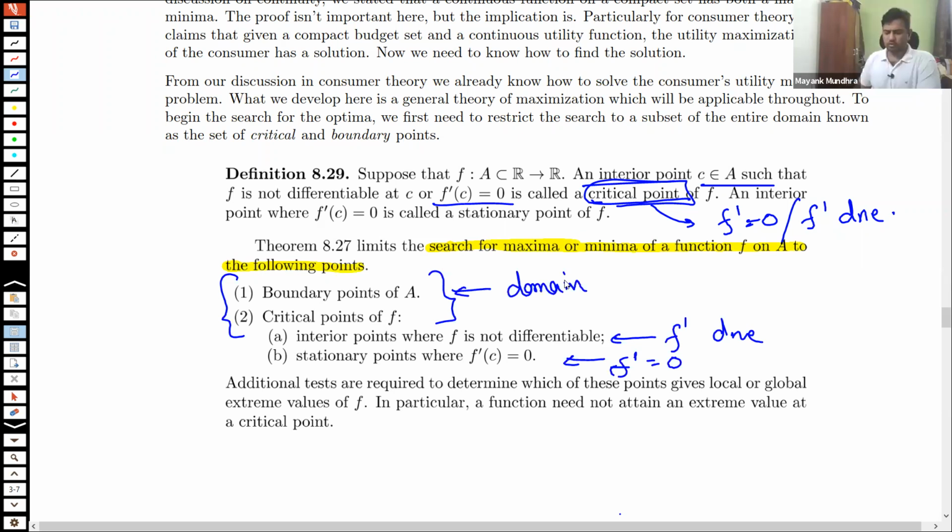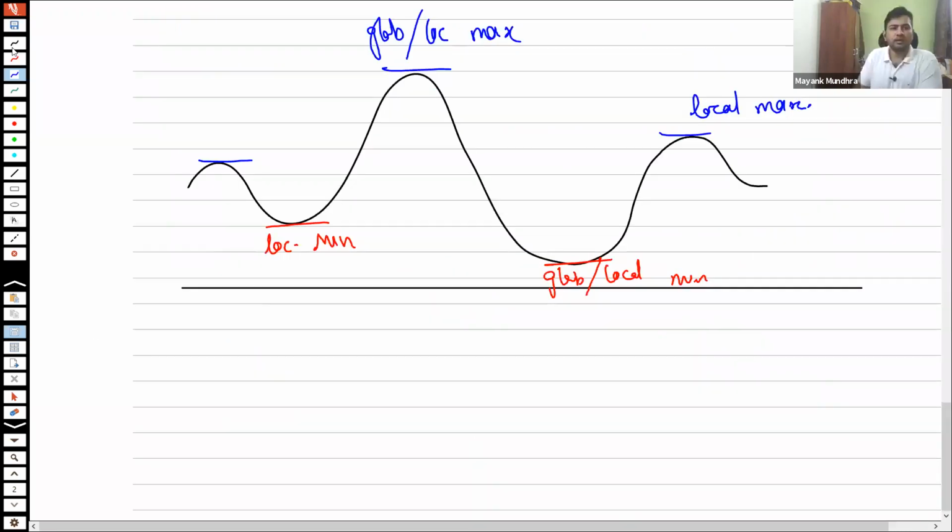So suppose you have a function. For example, you have a function f defined from -2 to 2 such that f of x equals modulus of x.